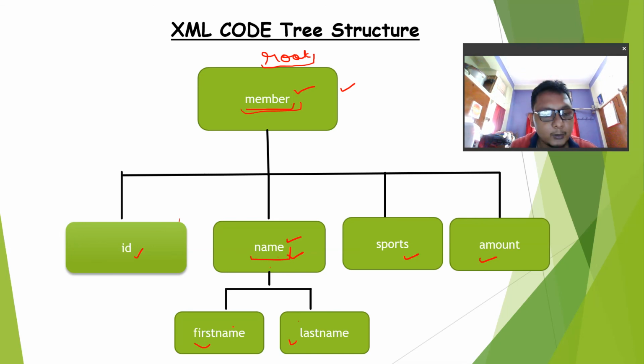All right, so this is the complete explanation of XML elements, how to write the XML code, that is the syntax that I have shown in the example, and how XML code is represented in a tree structure.